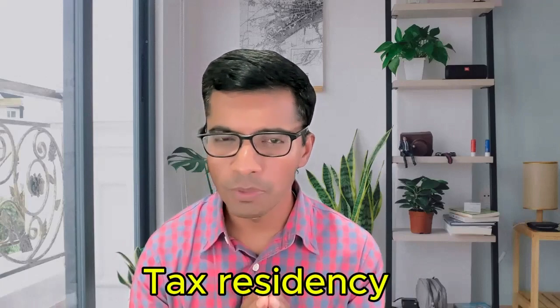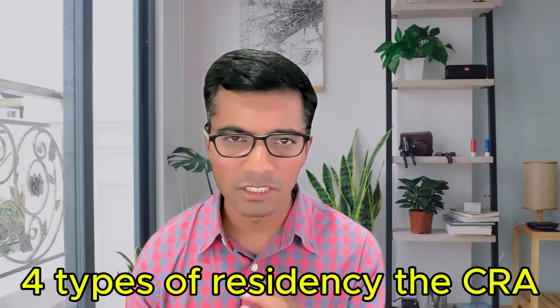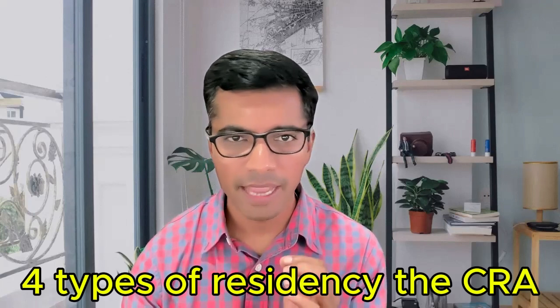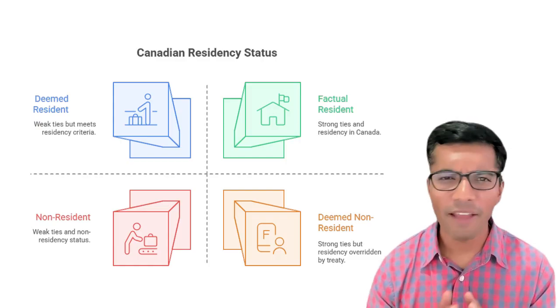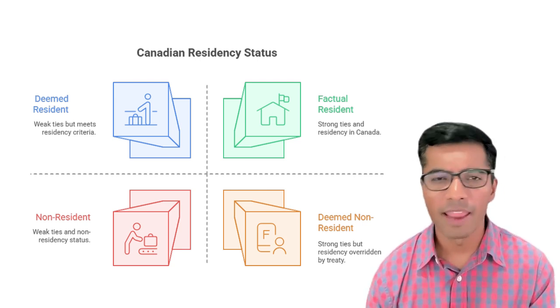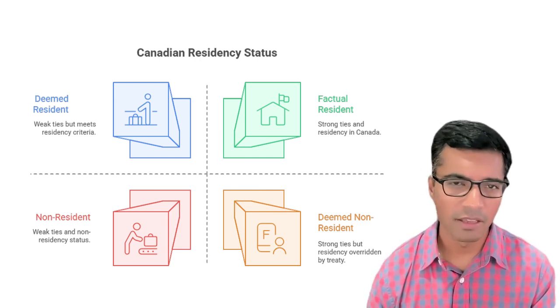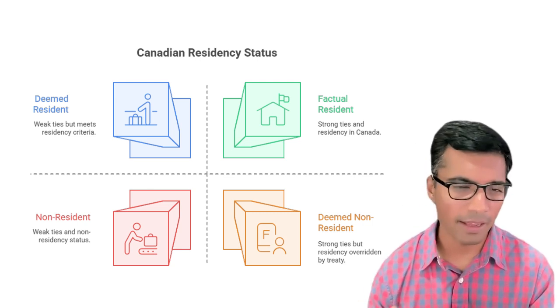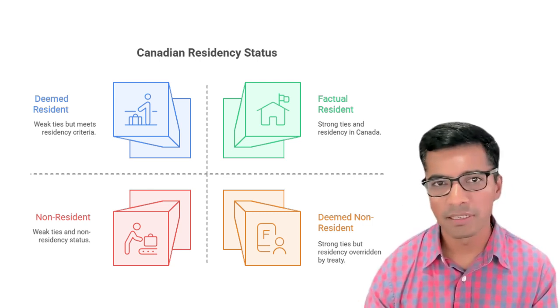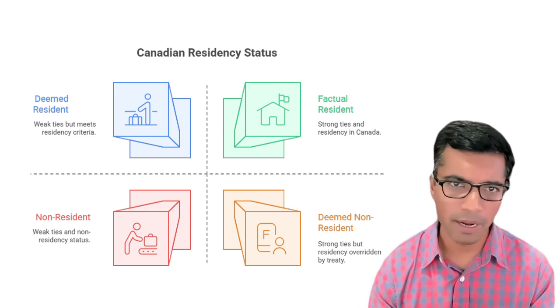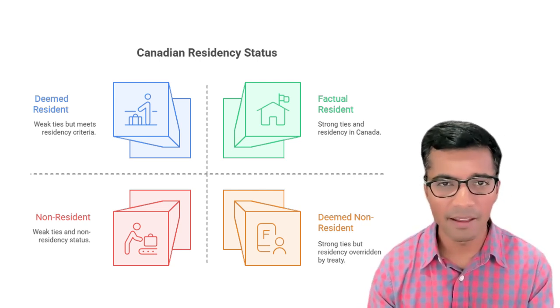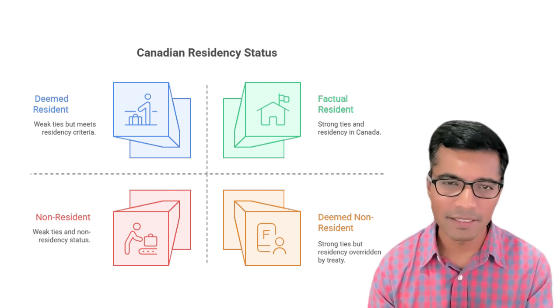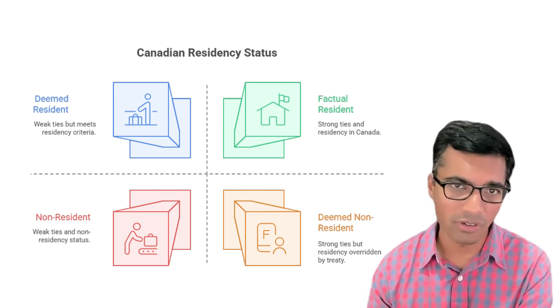First, let's talk about tax residency, not to be confused with immigration status. There are 4 tax residential statuses as per CRA, the Canada Revenue Agency. First, factual resident. You live in Canada and you have strong residential ties. You have a home, your spouse and kids live in Canada, you have a driver's license, bank accounts, etc. Second, deemed resident. You live outside Canada, but you spend 183 plus days in Canada, and you're not considered a resident of another country with a tax treaty.